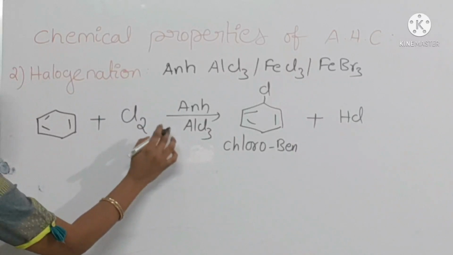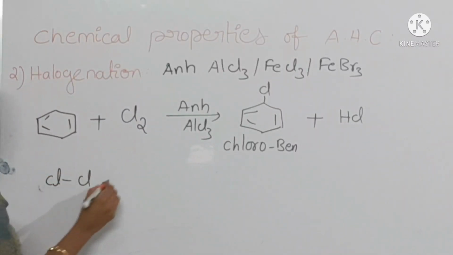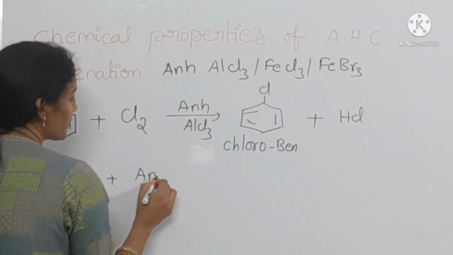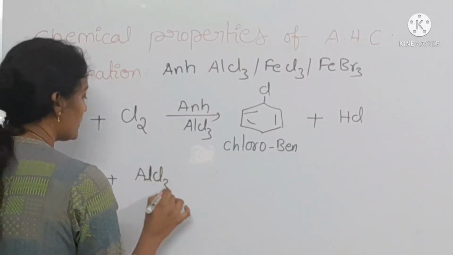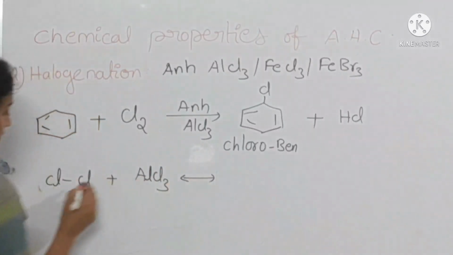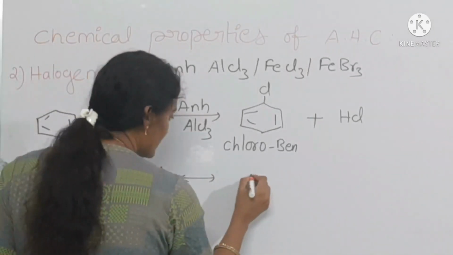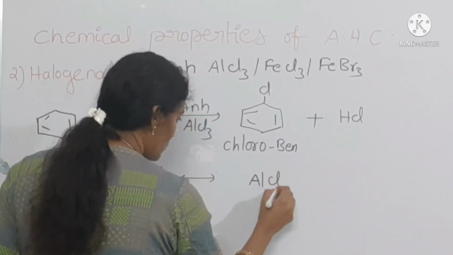What is the mechanism for electrophile formation? This is the chlorine molecule. This is anhydrous AlCl3. What happens here? This anhydrous AlCl3 attracts Cl minus, that means chlorine with a lone pair.